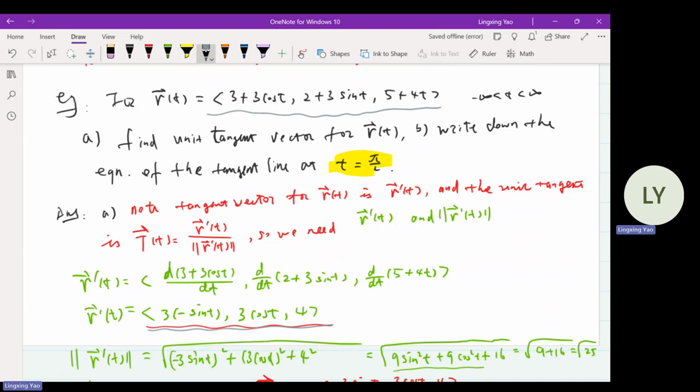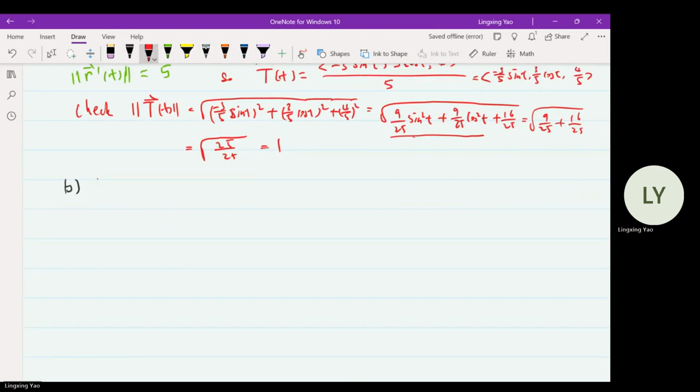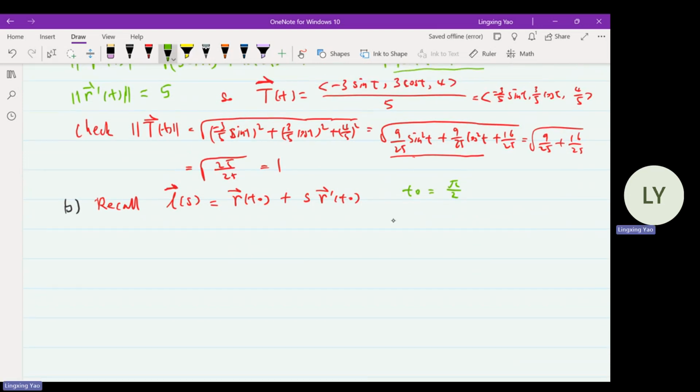So we essentially have everything. Recall the equation of the tangent line. Let's use the parameter s. So this is r of t naught plus s times r prime of t naught, where t naught is given in the question as pi over 2. So we just need to provide what is r of t naught.